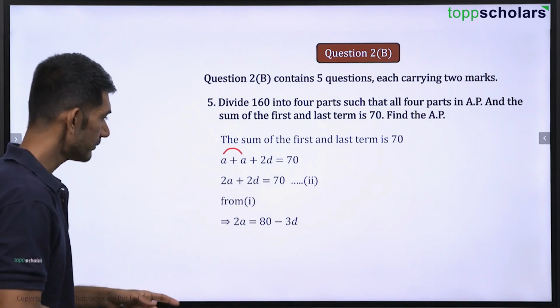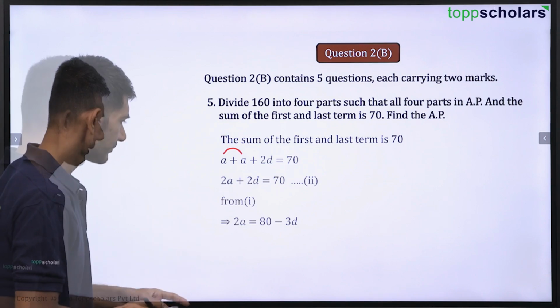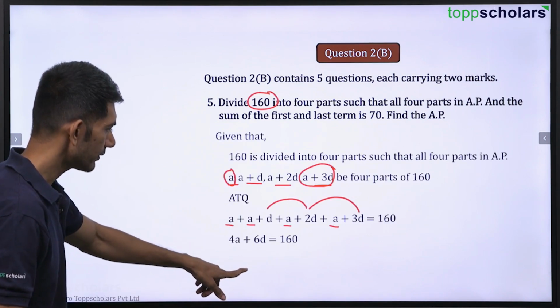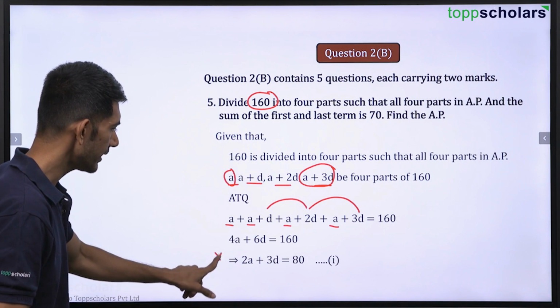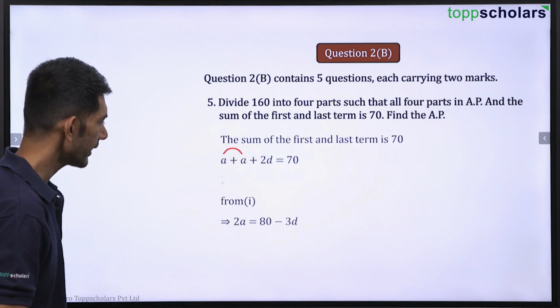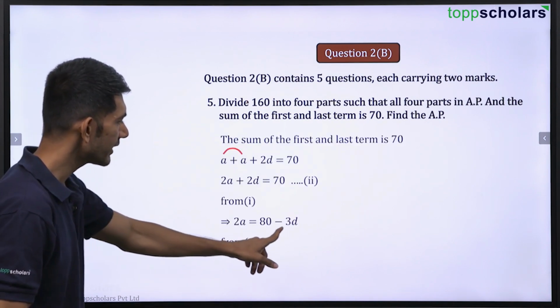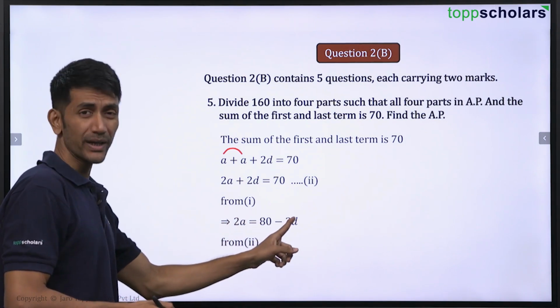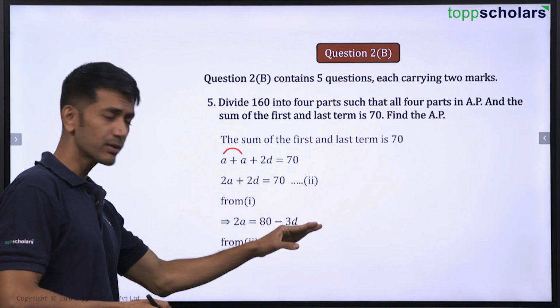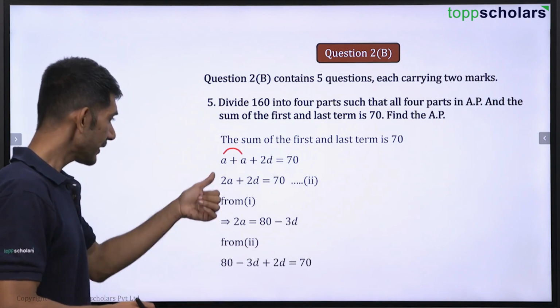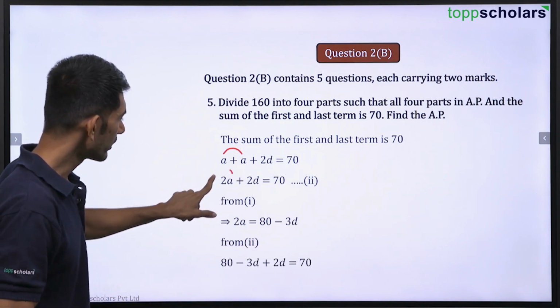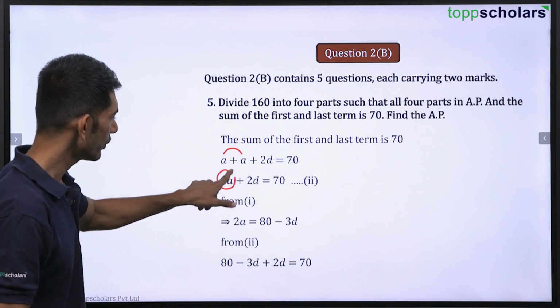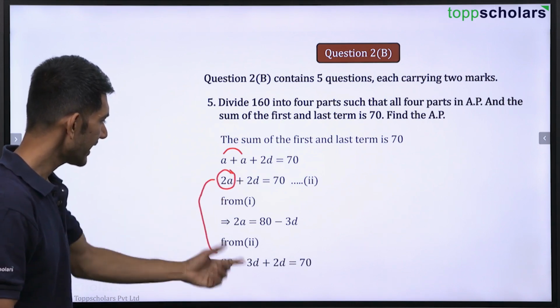So from here, see, if you have this equation handy, 2A plus 3D is equal to 80, so can I say 2A will be equal to 80 minus 3D? You're just shifting 3D to the other side. And then you put the value of 2A over here.